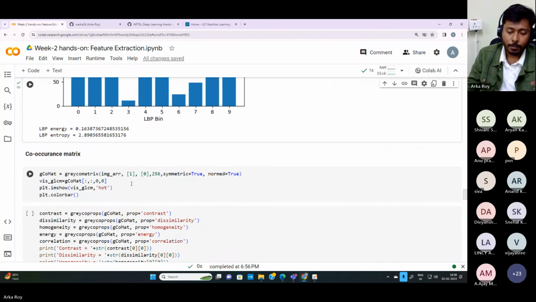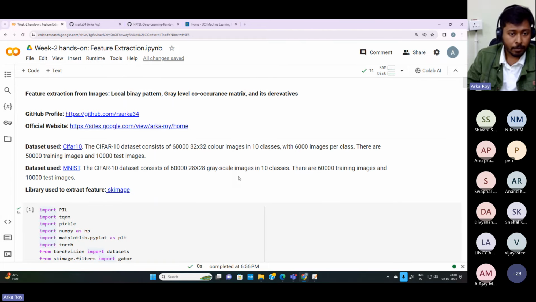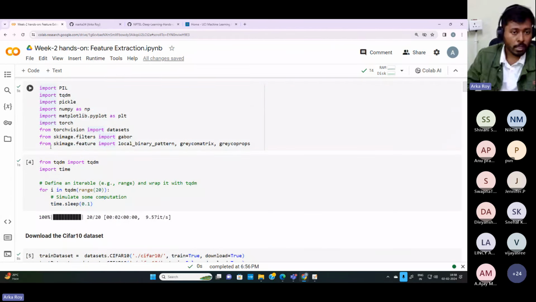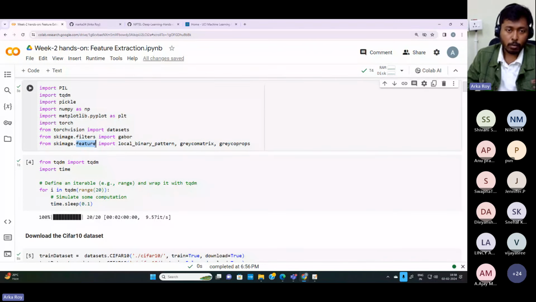Okay. Sir, one question: the local binary pattern method, where is that coming from? So I have declared it from skimage, scikit-image. From skimage, they have a feature container. From the pool of features, I have extracted local binary pattern.